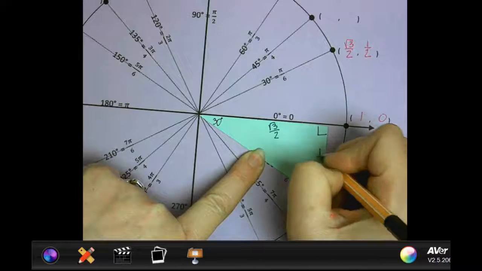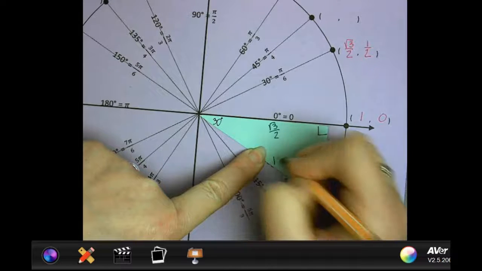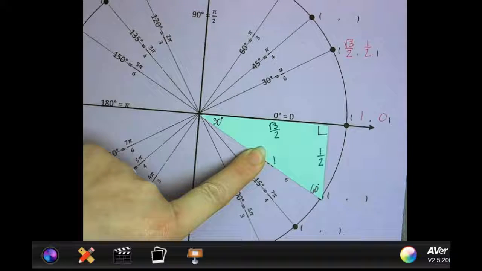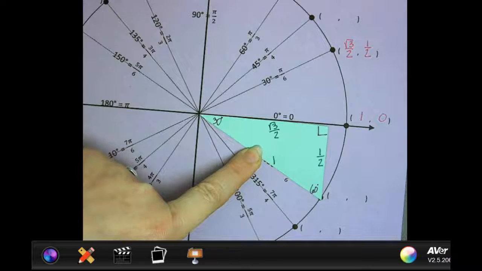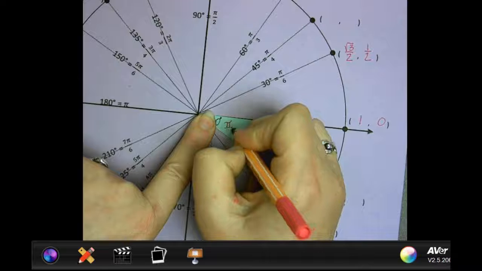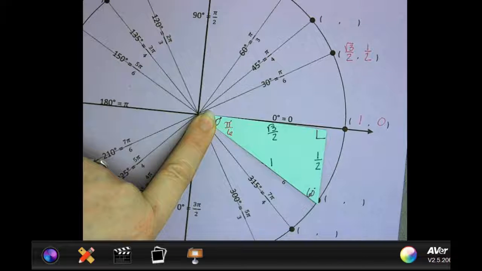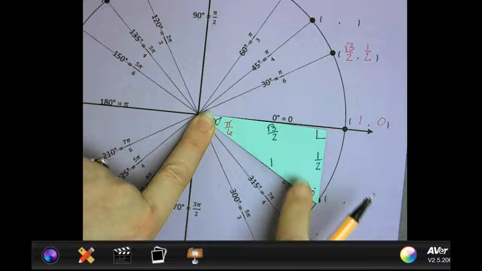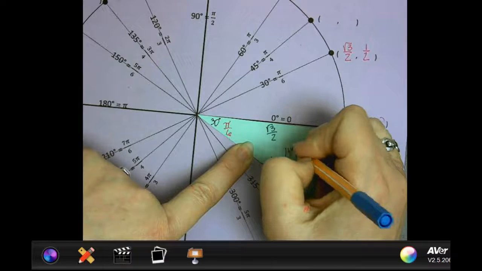This is 1/2. The hypotenuse is still 1. All the measurements are the same as they were on the other side. It's just that it would not have been printed correctly if we did it on both sides, and if we labeled before we did this, it would have been backwards. And 30 is pi over 6. And this is quadrant 4.